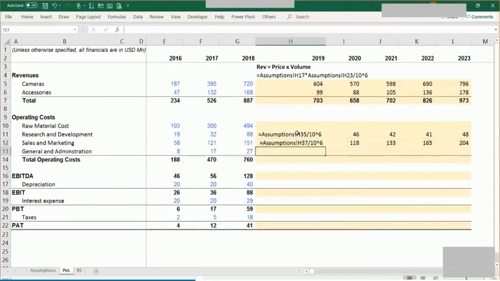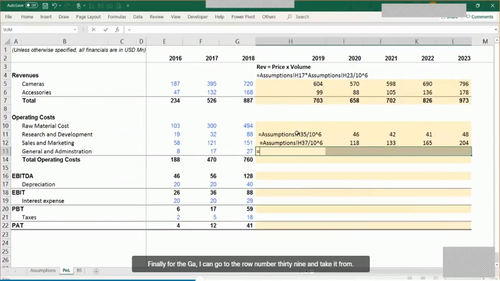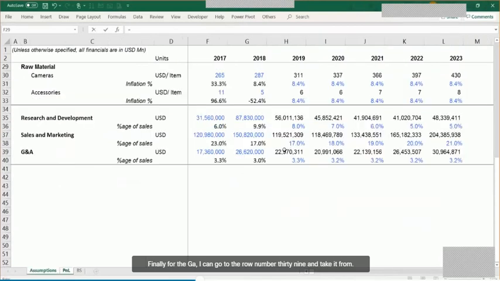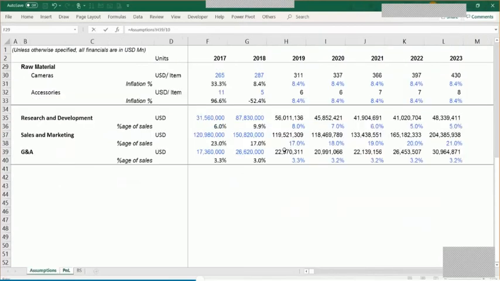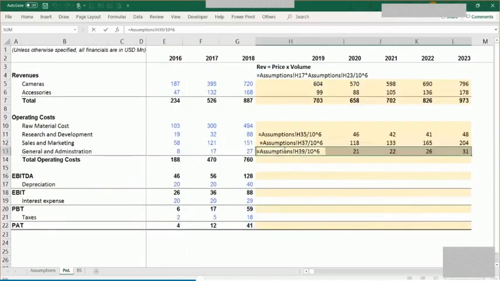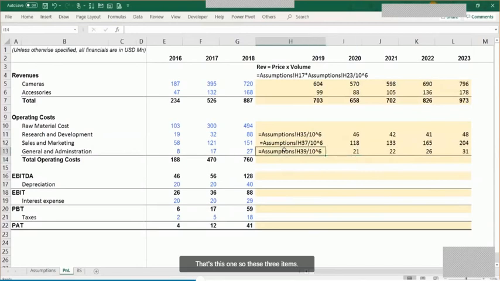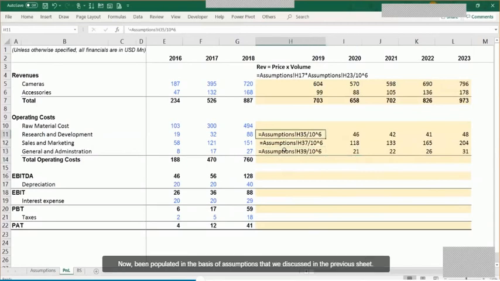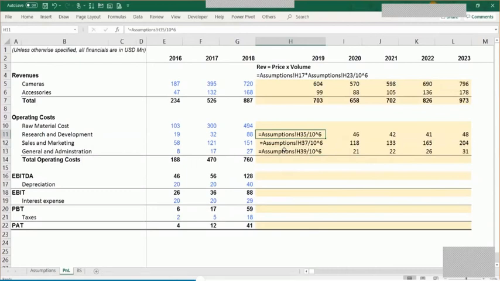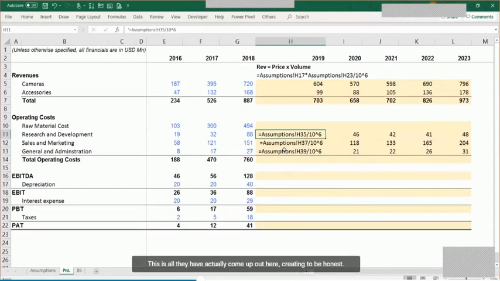And finally, for the G&A, I can go to row number 39 and pick it from that one. So these three items have now been populated on the basis of assumptions that we discussed in the previous sheet, and this is how they have come up out here.